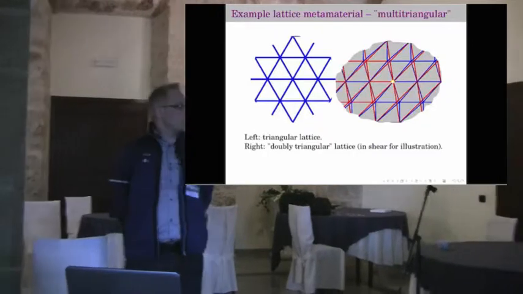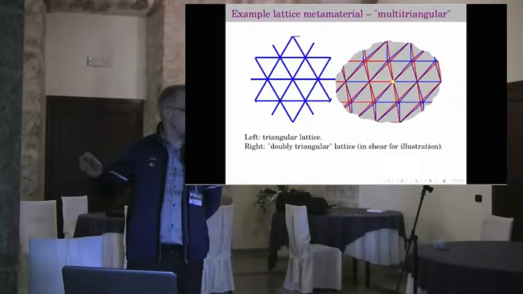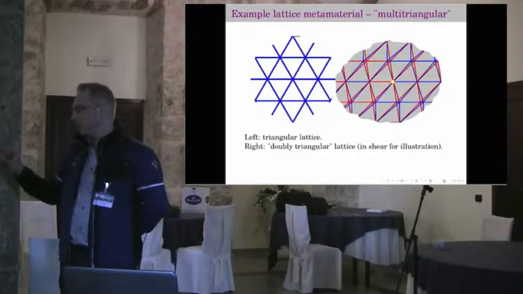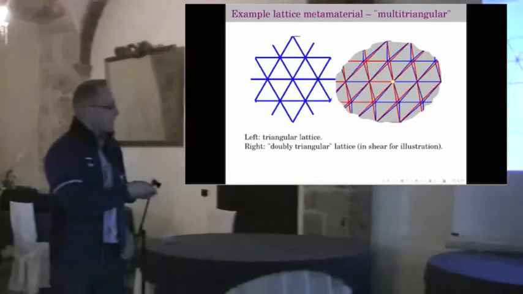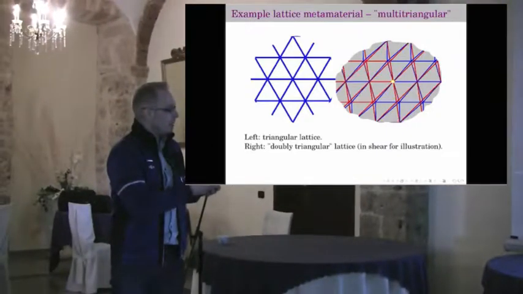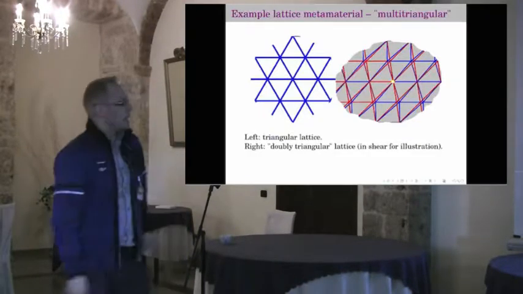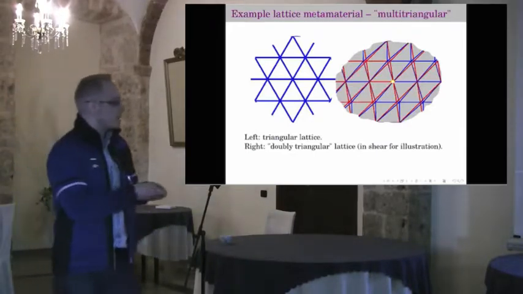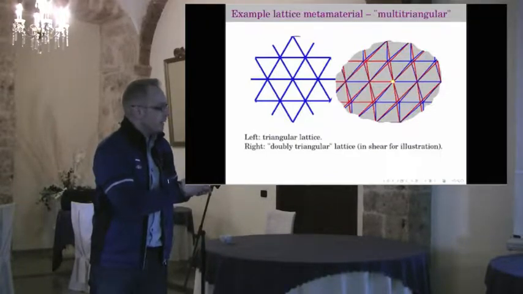And the second example is such that we actually have triple triangles. Here we have bars which actually jump over one corner. You can see if you look at this one. And then we have even more: next bars which jump across this line here.